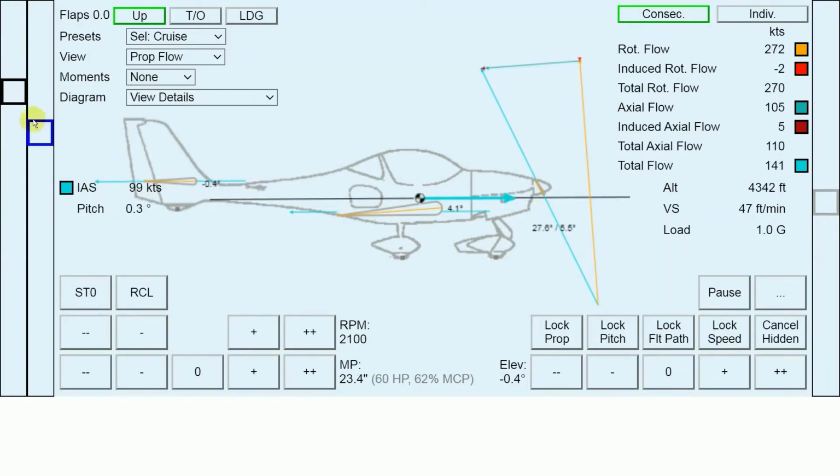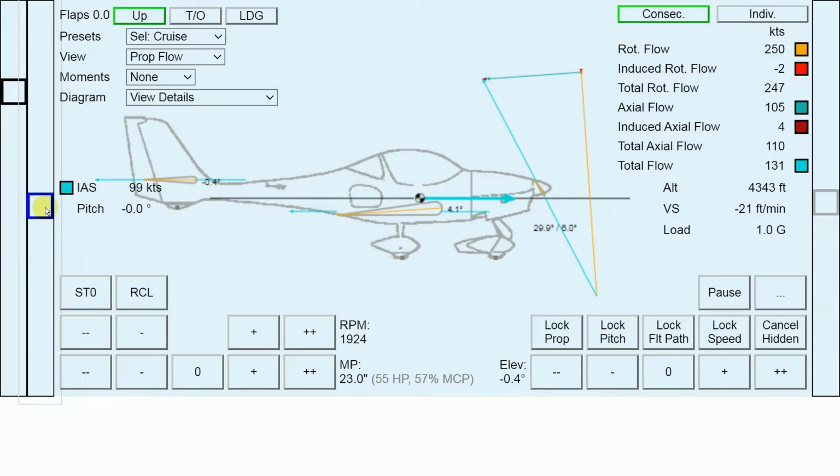The RPM lever is connected to a so-called governor that controls the propeller speed. This governor adjusts the blade angle of the propeller to obtain the desired RPM. To slow the propeller down, the governor increases the blade angle.